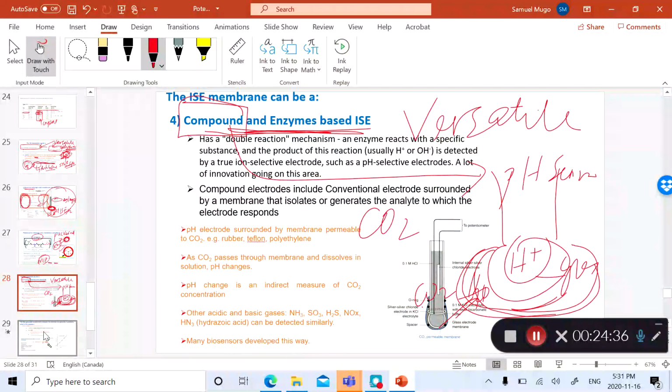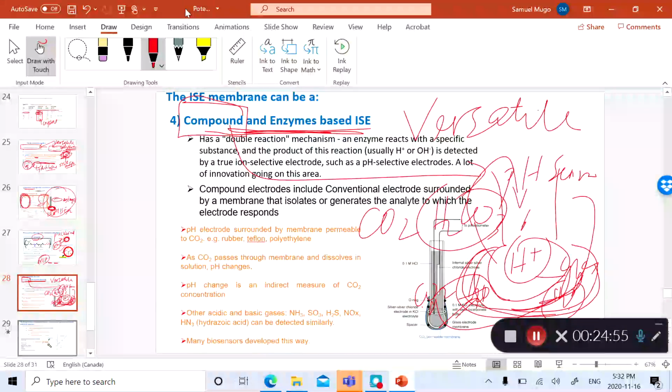And as this carbon dioxide seeps through into this layer of water, the water reacts with carbon dioxide to make carbonic acid, and carbonic acid changes the pH of that water, and then you can actually analyze the pH. So in essence, it's a compound electrode in the sense you've just taken a pH electrode, and then you've added another layer of a carbon dioxide selective membrane, and that way you have made a carbon dioxide sensor.